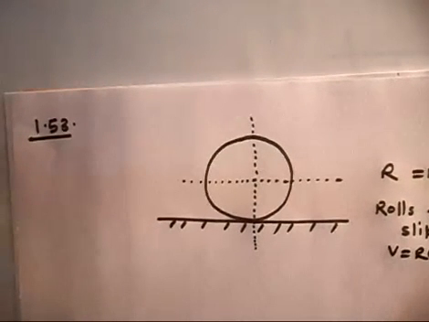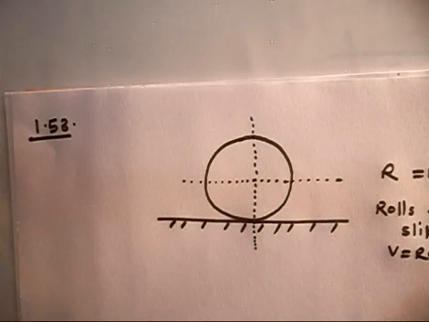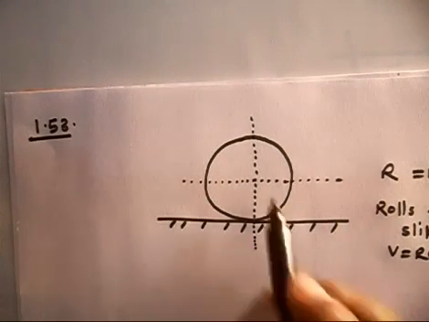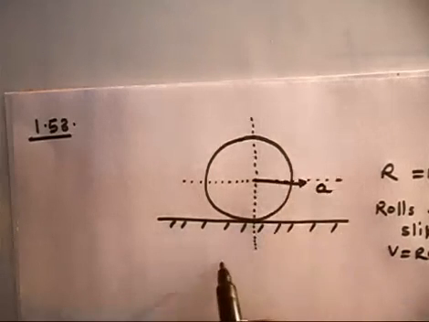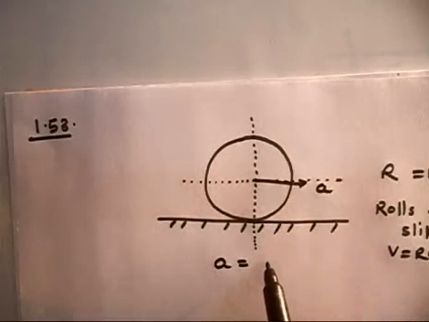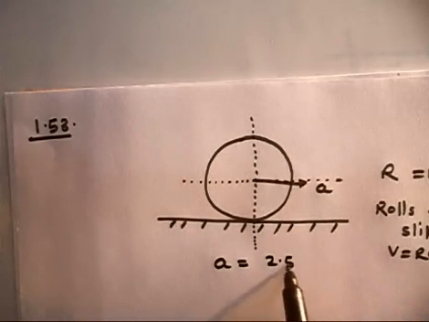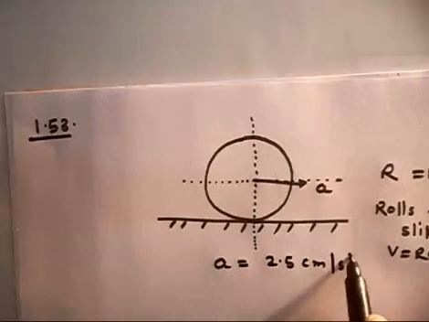It moves down an inclined plane so that its center moves with a constant acceleration a. This is given in the problem as 2.5 centimeter per second square.